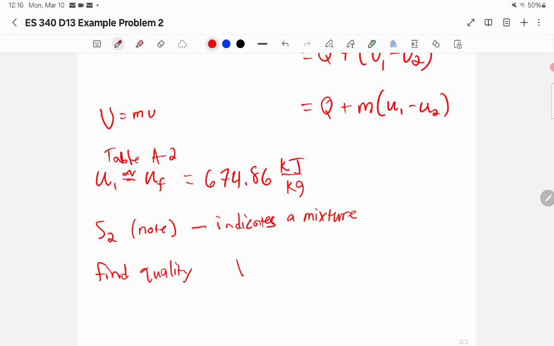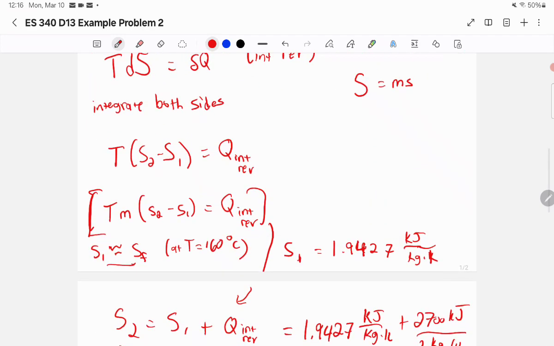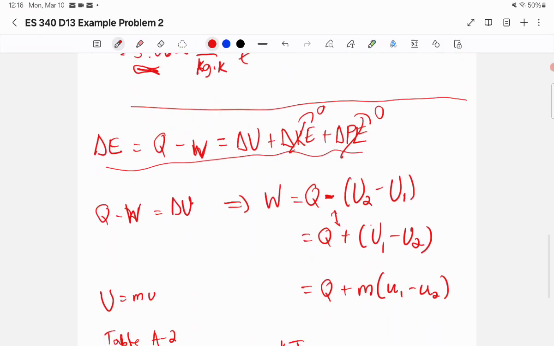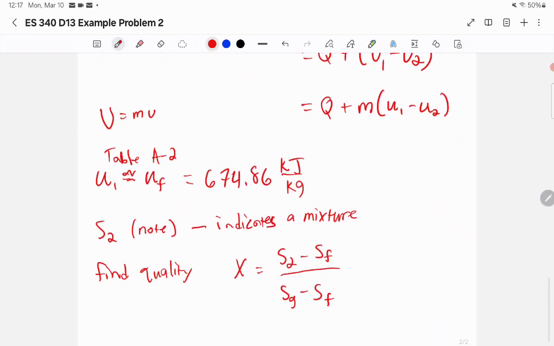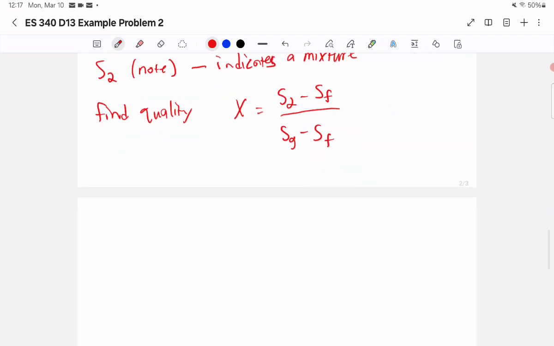So let's do that. X is going to be equal to S2 minus SF over SG minus SF, the F being the one that the S2 value comes from, basically. So it'll still be at temperature equal to 160, is what I'm trying to say. That's the SF at 160, SG at 160, and SF at 160, okay?